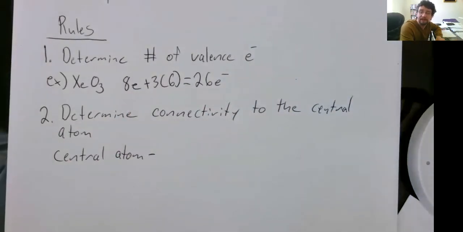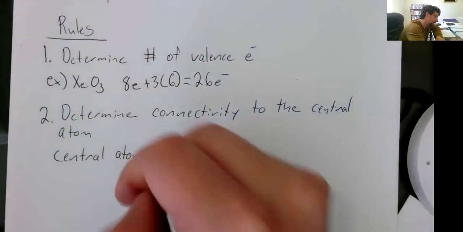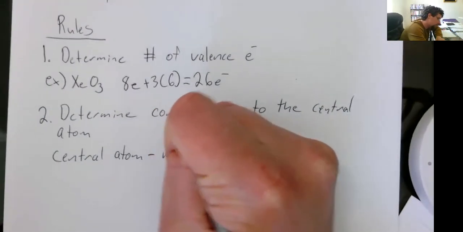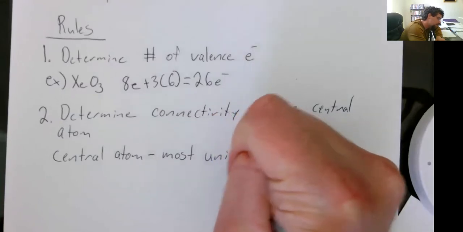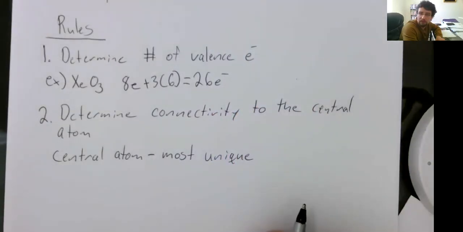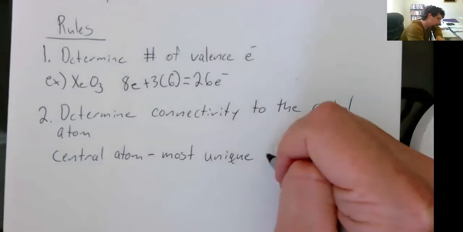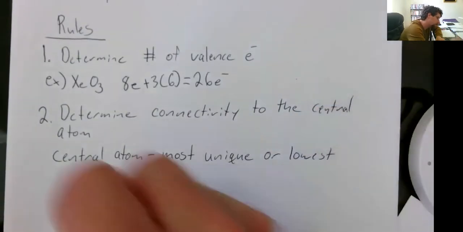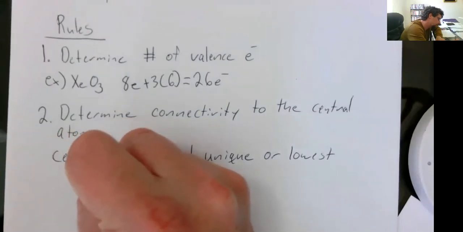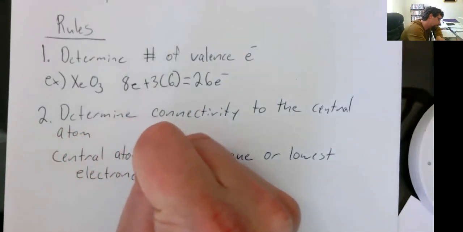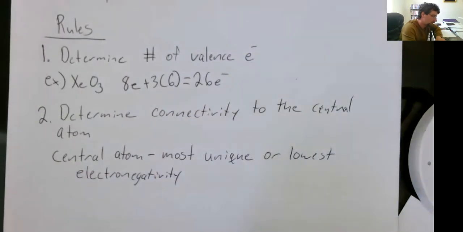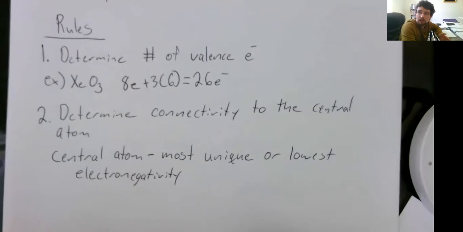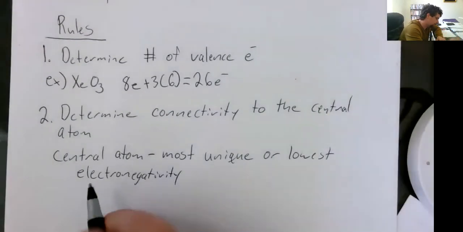It's the atom that is the most unique, meaning that there aren't many of them or there's only one of them, or the least electronegative. A lot of times this tends to be carbon, nitrogen, in some cases oxygen.